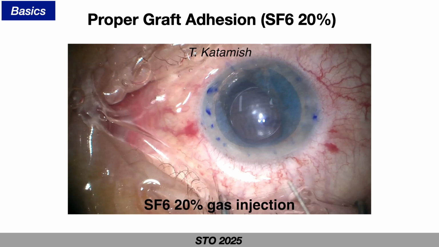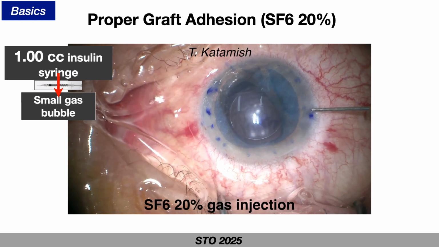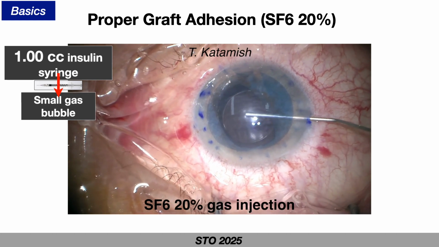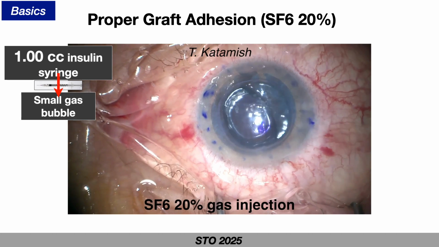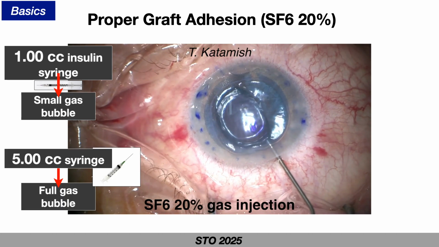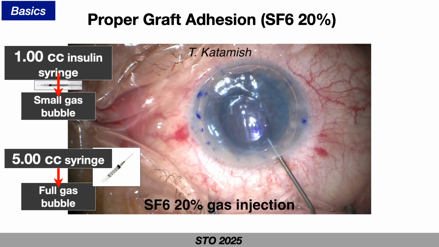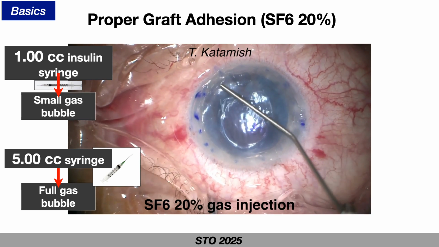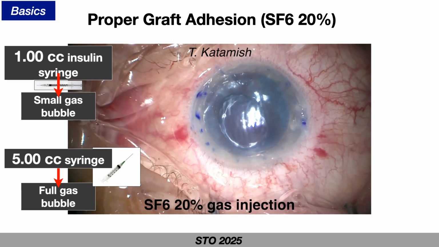After complete unfolding of the DMEK roll, you go with the 1 cc syringe in the center of the DMEK graft and inject a small bubble to fix the graft and to avoid its displacement. And then you go with the 5 cc syringe to make an almost complete air fill, either using air or gas.